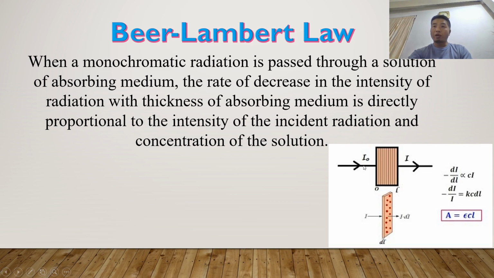Here I0 is the incoming intensity. I is the intensity after passing through the medium. And we have dI divided by dl proportional to Ci. As you see, A is equivalent to epsilon C L. This is the Beer-Lambert law.